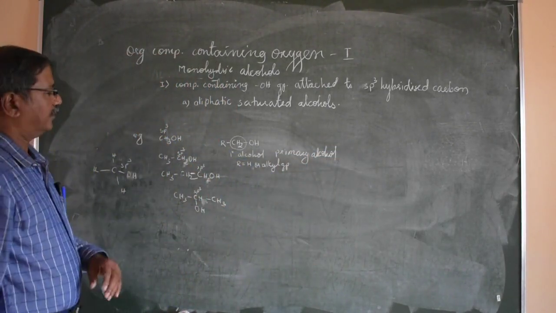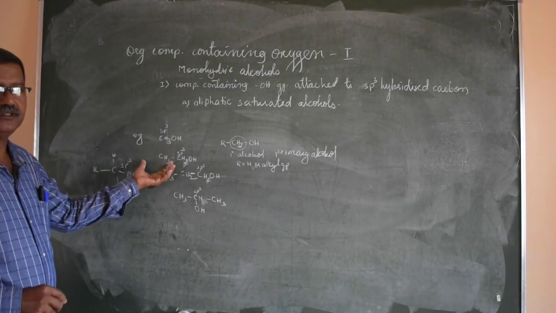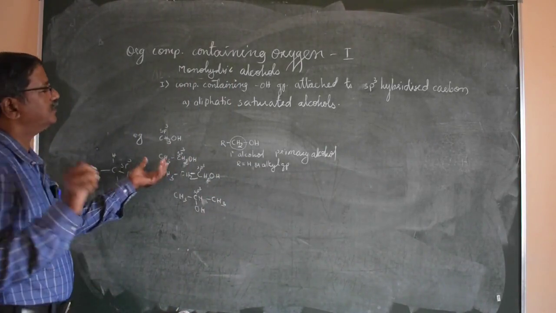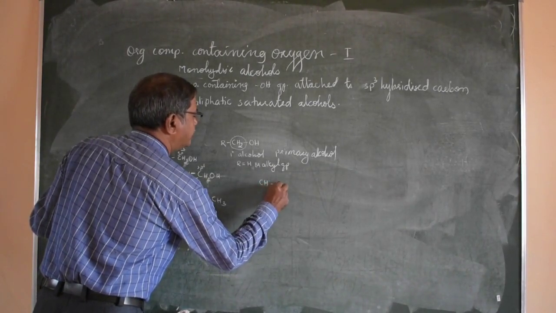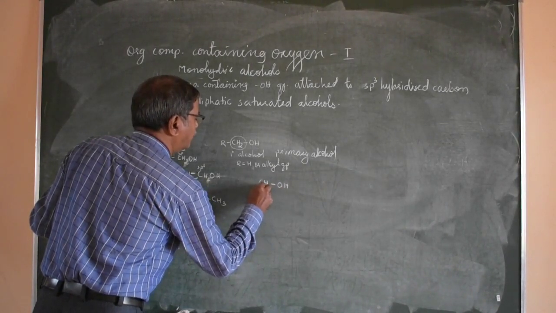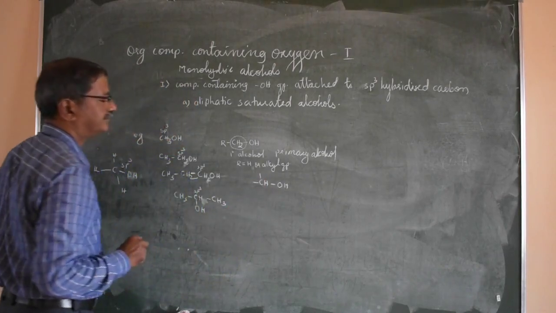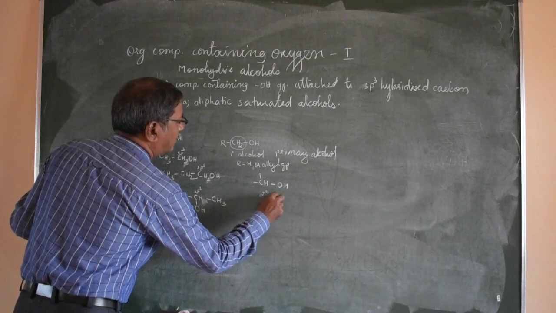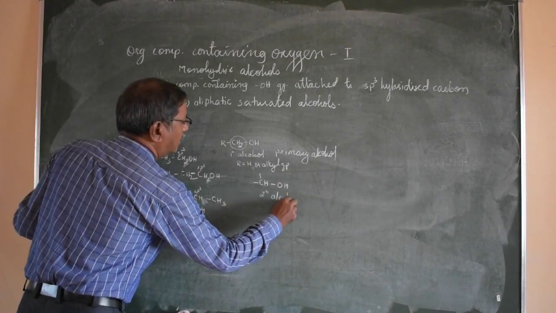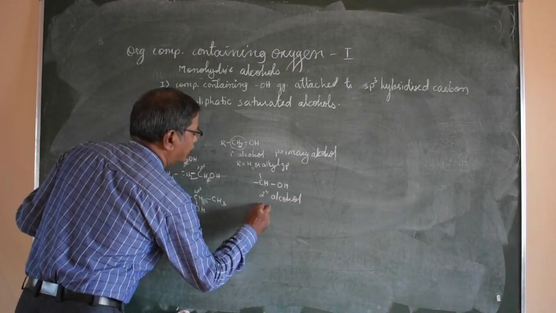Then 2 degree alcohol. 2 degree alcohol means the OH attached to CH. OH attached to CH is called 2 degree alcohol or secondary alcohol.